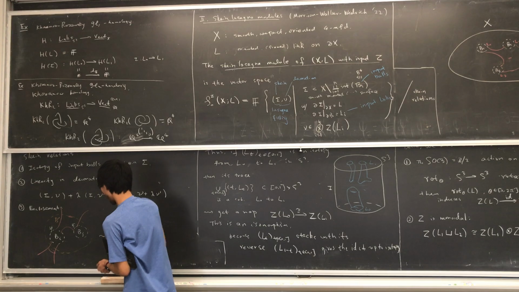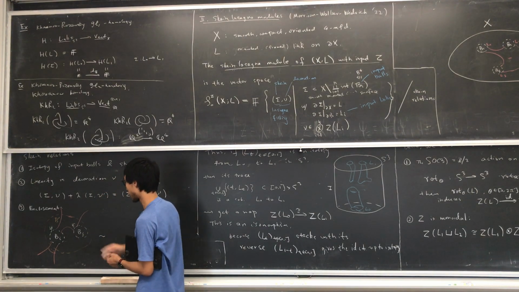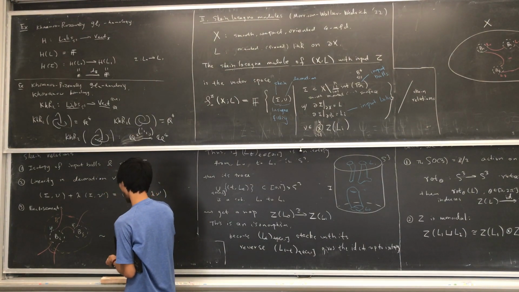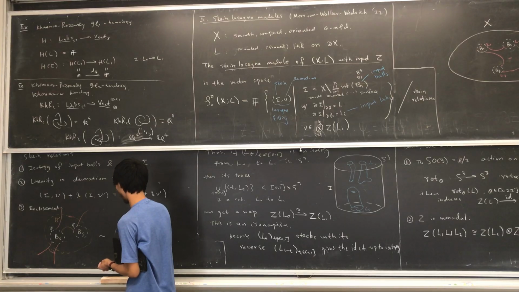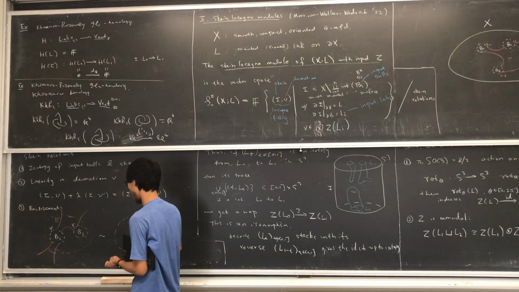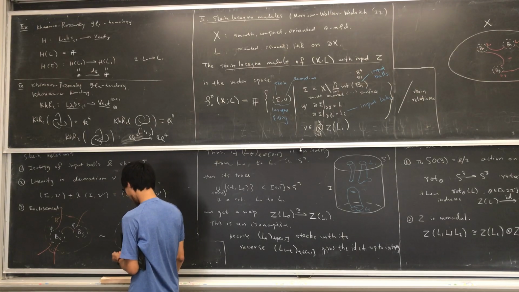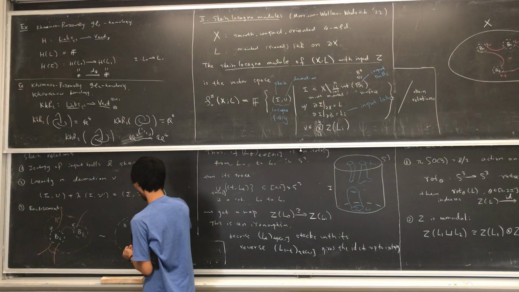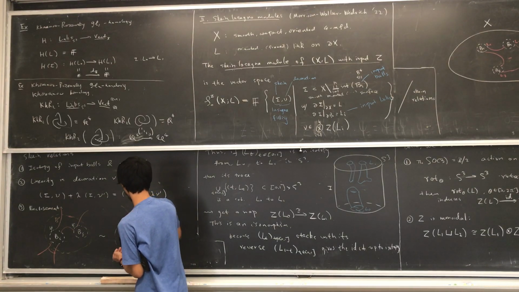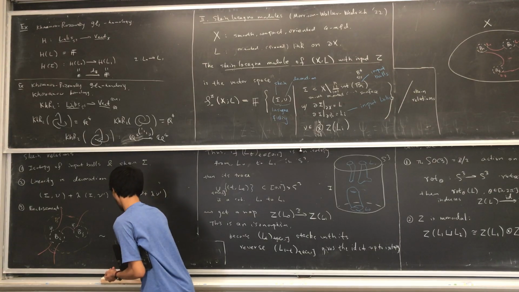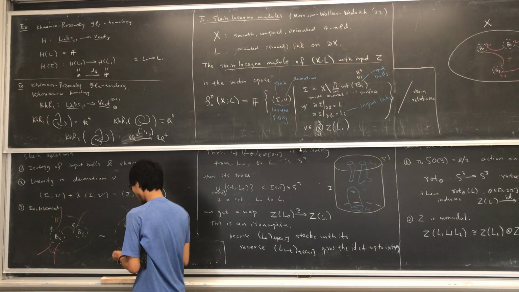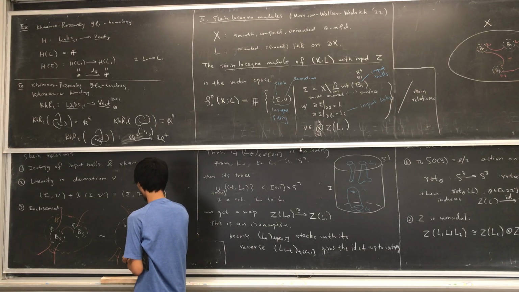Then you can declare that the original lasagna filling is equivalent to the one obtained by deleting everything inside this larger ball, keeping everything else as it is. And update the label accordingly.